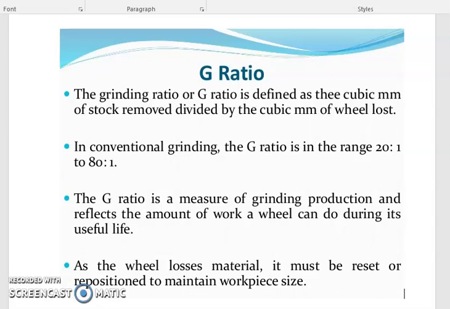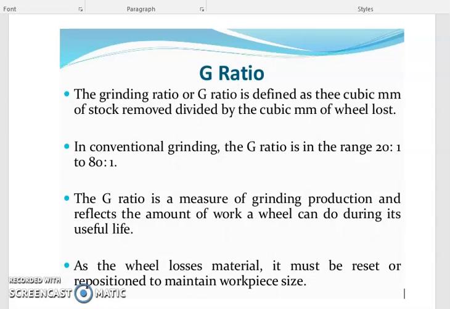I repeat, it is the ratio of numerator to denominator. In the numerator we have the volume of material removed from the workpiece in grinding, and in the denominator we have the volume of the grinding wheel wear. Either of these volumes can be calculated as the difference of the final volume and the initial volume.